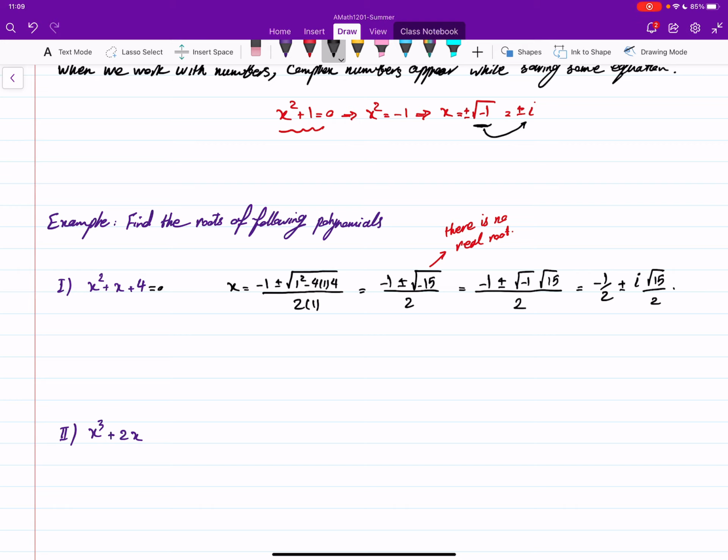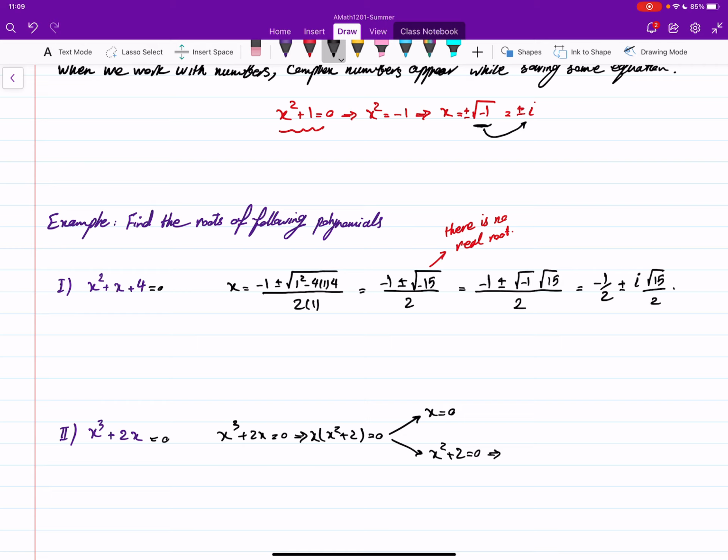The other example, set this one equal to 0. So you see that x cubed plus 2x is equal to 0. From there, we can factor: x squared plus 2, times x, equal to 0. That means that either x is equal to 0 or x squared plus 2 is equal to 0.